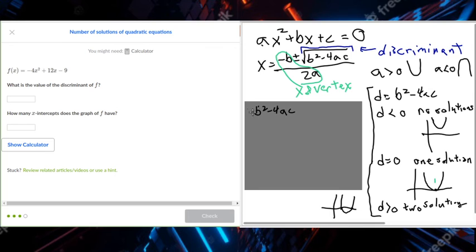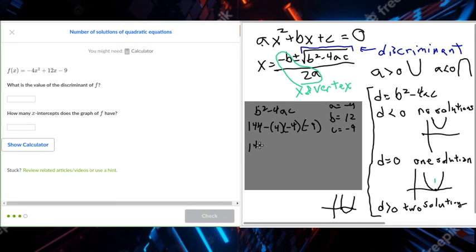So a is negative 4, b is 12, and c is negative 9. Sorry, I didn't do that for the first one of these. So b squared is 144 minus 4 times a, which is negative 4, times c, which is negative 9.